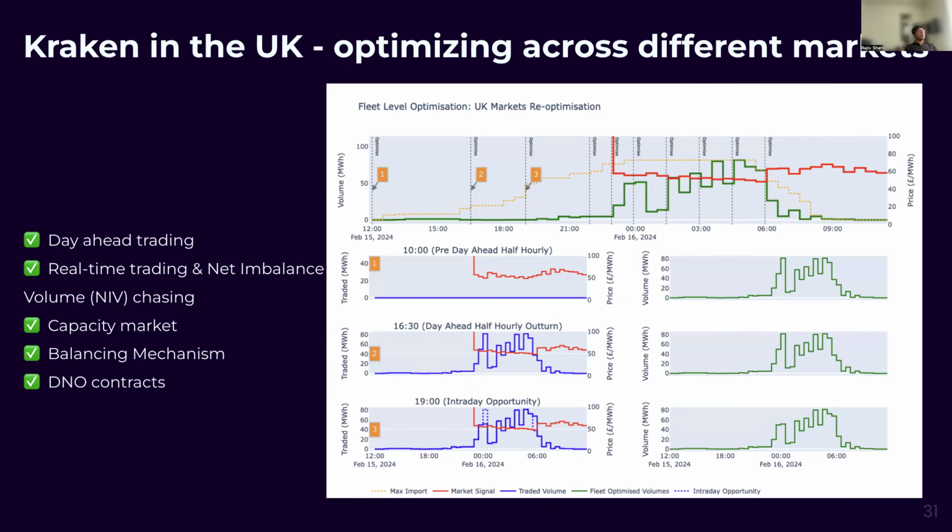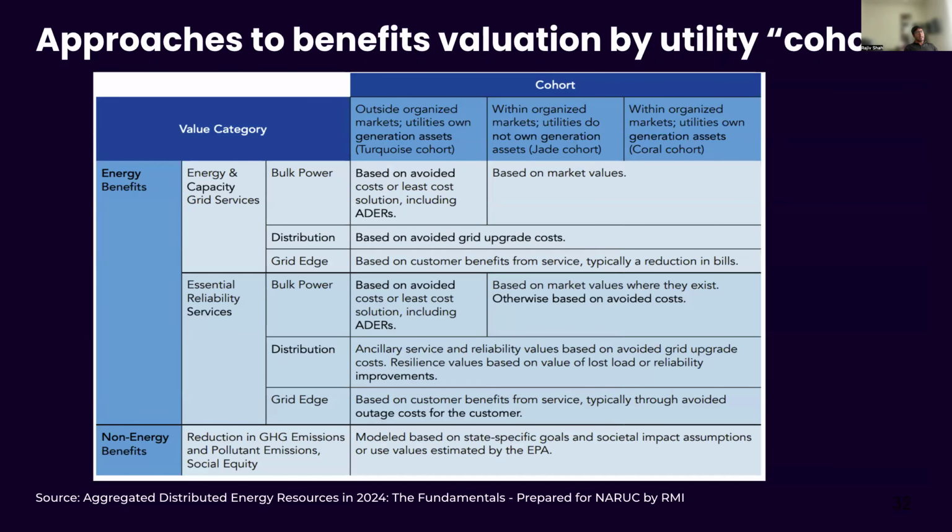In the UK, this is actually the different market price signals that we're optimizing our VPPs against. Everything from day ahead trading and the real-time energy markets to contracting with distribution network operators to address some of their congestion constraints. The only thing to highlight on this pretty wordy slide here is that there's different ways that you can do this depending on how your utilities are organized.